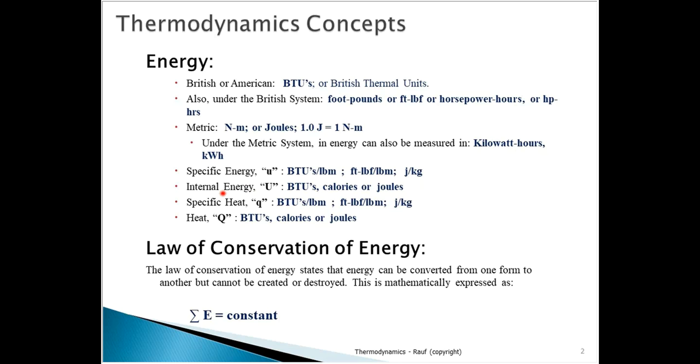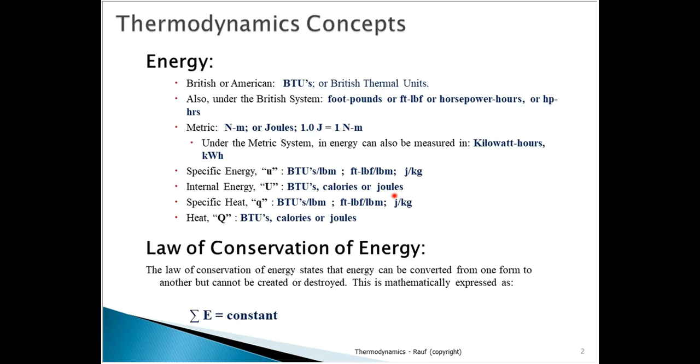And then this concept of internal energy, the energy contained in a system. When you do thermodynamic analysis in the U.S. unit system, it's represented through BTUs, and in the metric unit system, it would be joules or kilojoules.